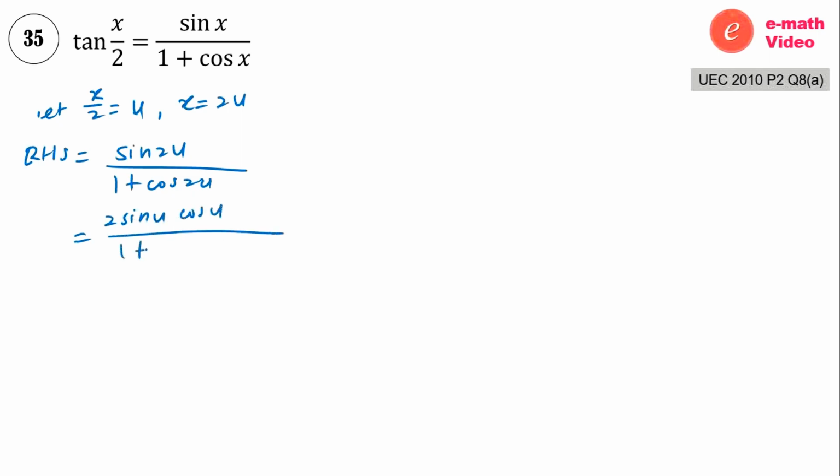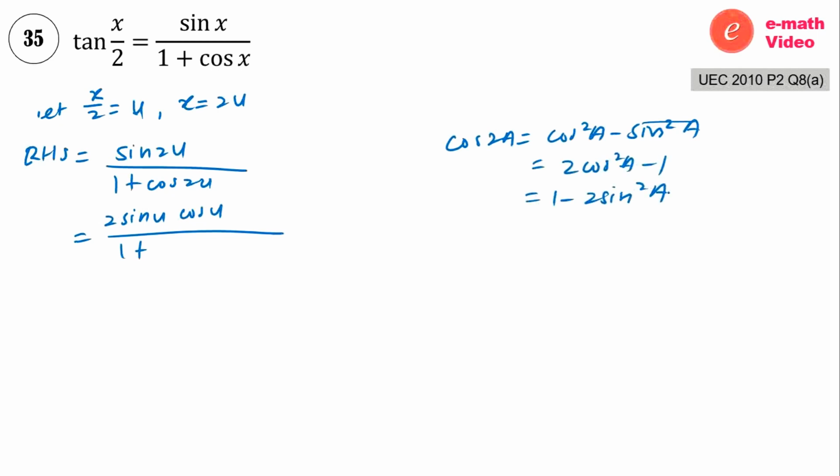Then 1 plus cos 2u. Again I will write down for you: cos 2a equals cos square a minus sine square a, or 2 cos square a minus 1, or 1 minus 2 sine square a. Which one should we use? We have a positive 1 here, so we need a negative 1. Don't worry, it is a positive sign in front.